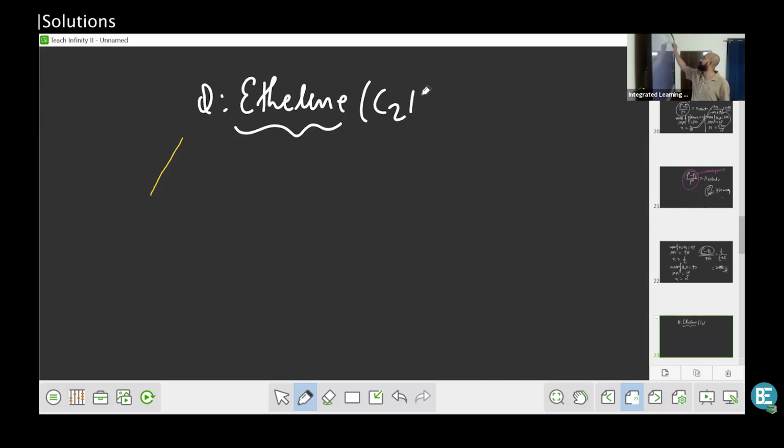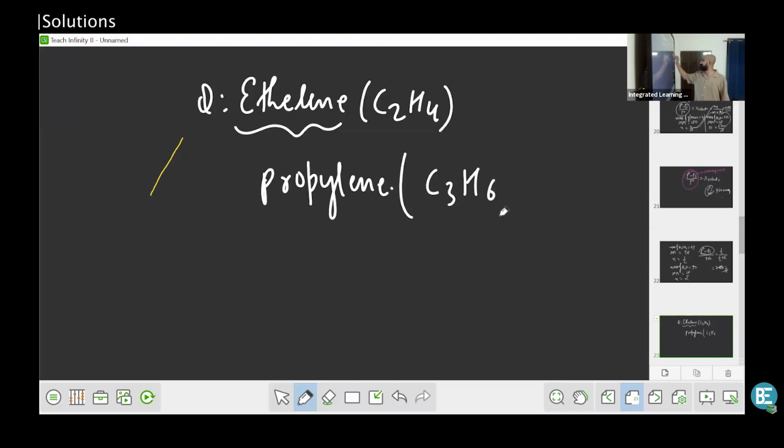Ethylene is C2H4, and propylene is C3H6. Form a solution in which ethylene is 10 gram.